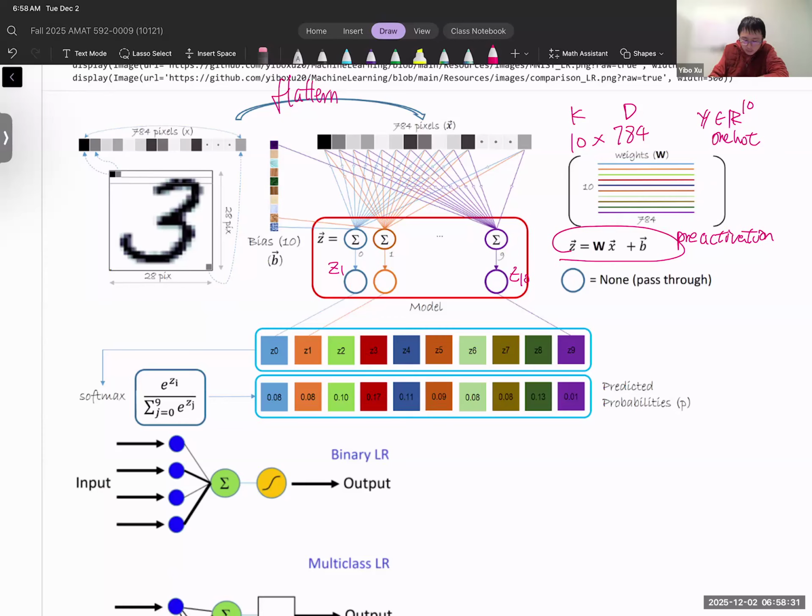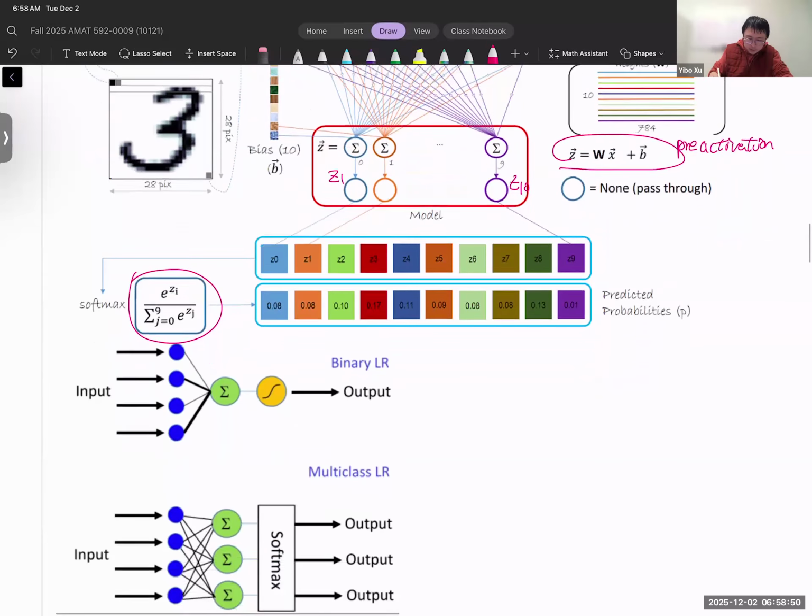Then you feed to softmax, which makes a distinction between the exponents. The smaller exponents will give me even smaller exponential values. This is normalizing, so you have a probability.